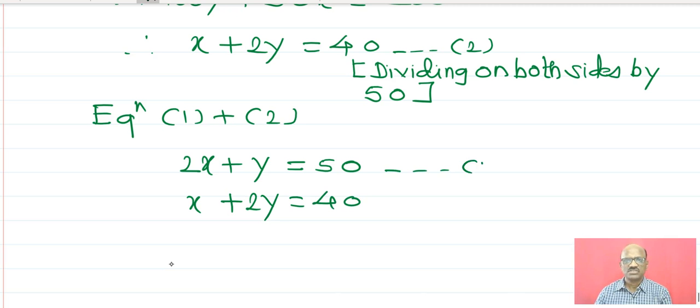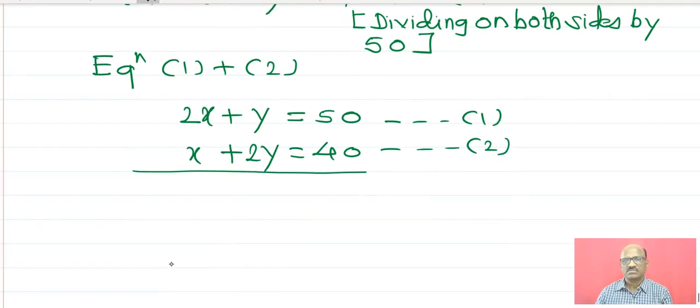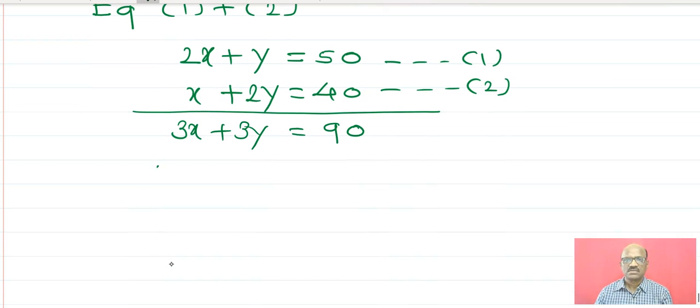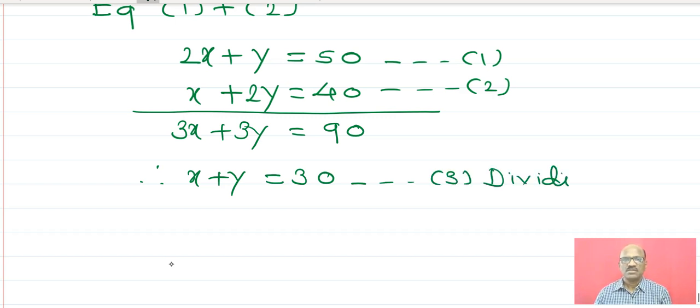If you add these two equations, then you will get 3x plus 3y is equal to 90. Therefore, x plus y is equal to 30. This is equation number 3. Now next, their subtraction. Then dividing on both sides by 3.